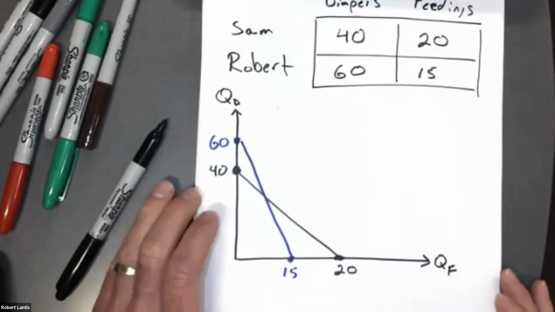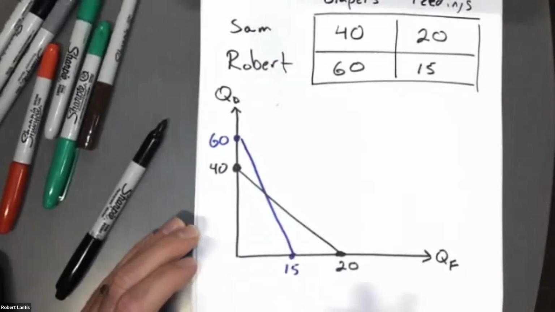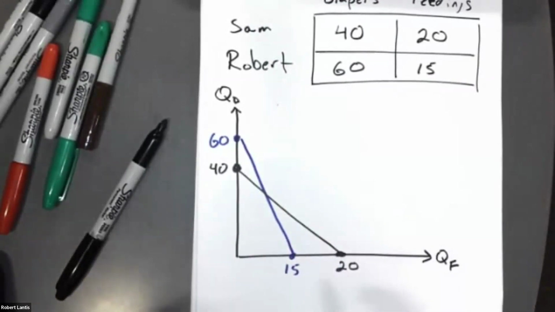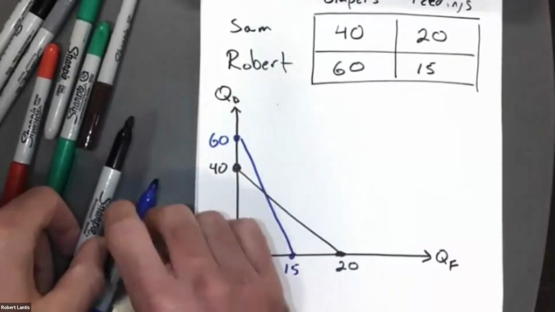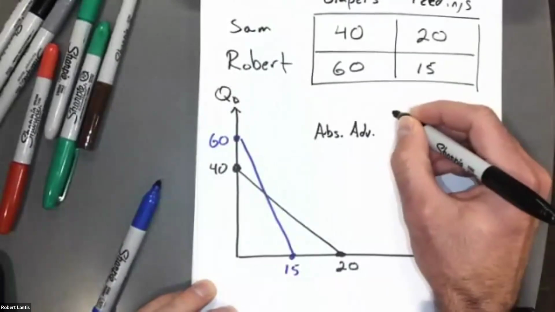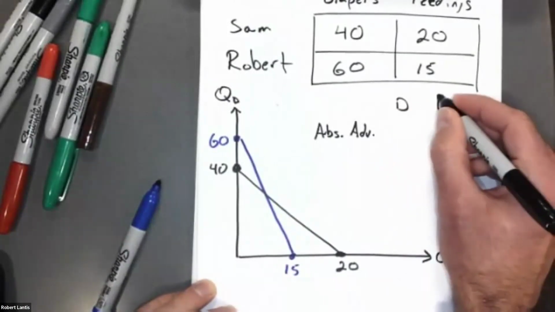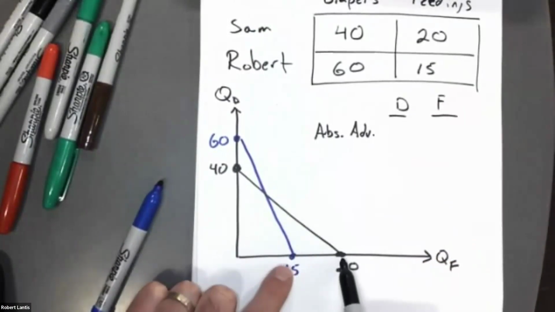One thing that we didn't have an example of last class: I think the example last class was one person had an absolute advantage in everything. The intercepts tell us who has an absolute advantage in the production of these different goods, diapers and feedings here. Who has an absolute advantage in feedings?